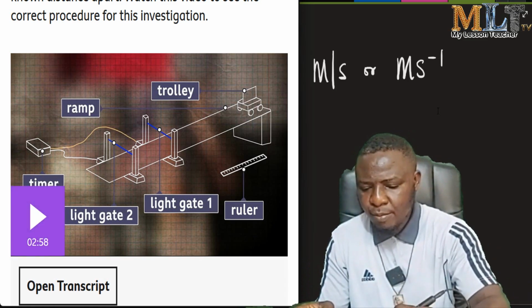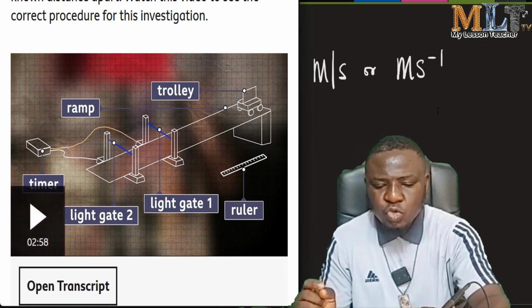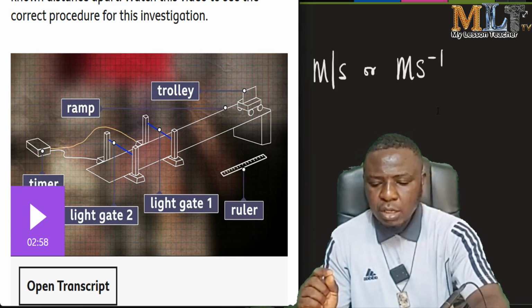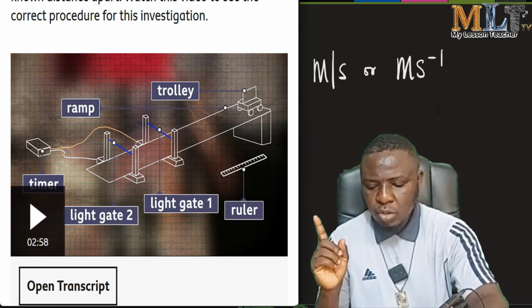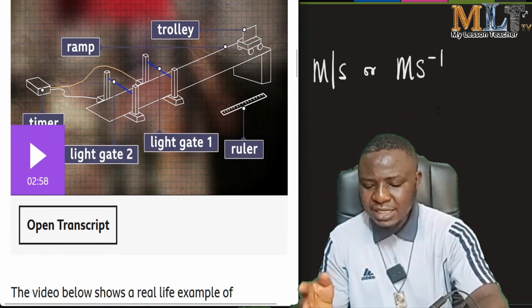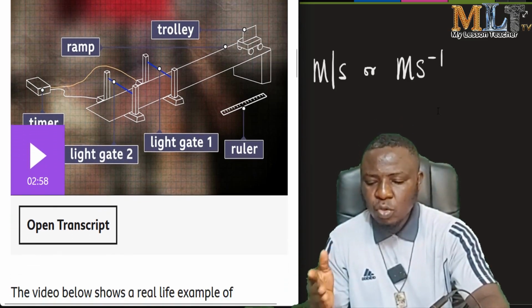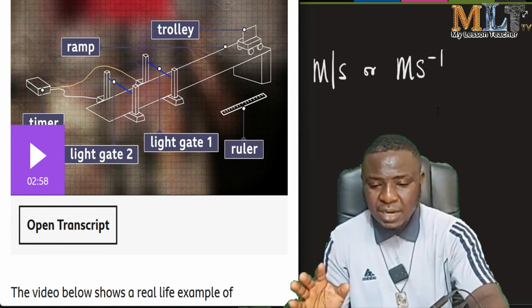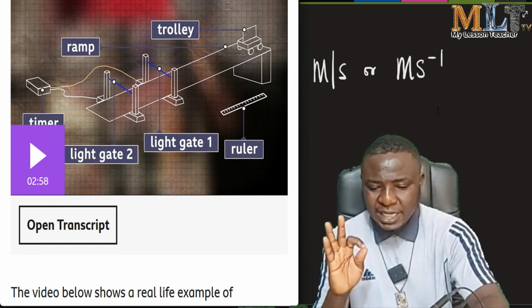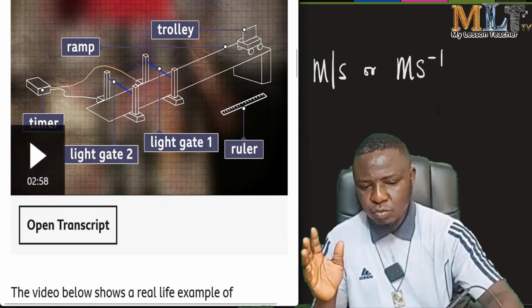The timer tells you the time taken for the trolley to get to the light gate, either 1 or 2, and it records the time. This is how you can measure the average speed in a lab or in the classroom.